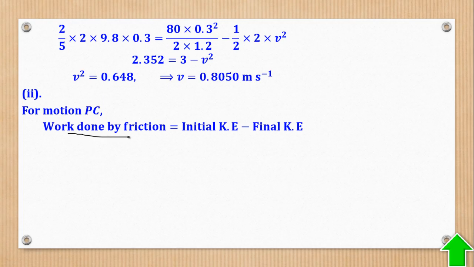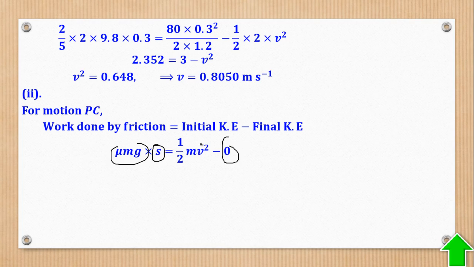So work done against friction is initial minus final. So this is friction, which is mu mg, times distance moved to a point where velocity is 0. That's why you see here final KE is 0.